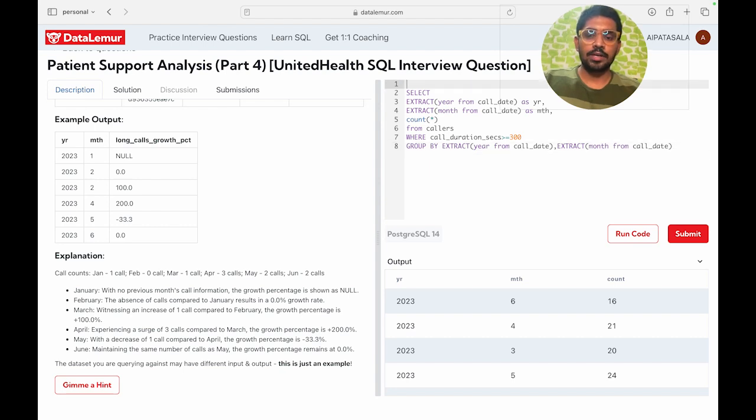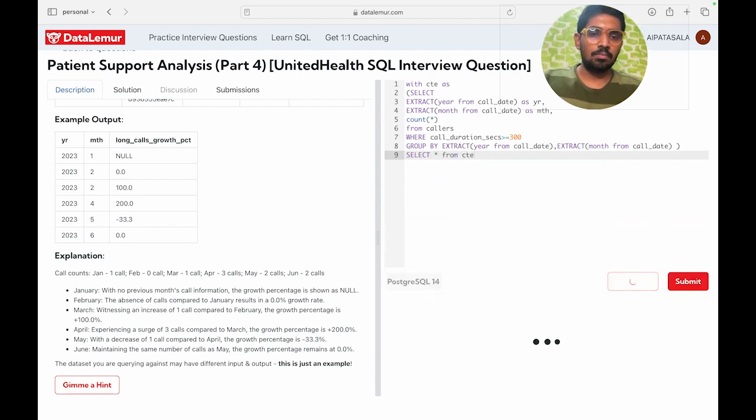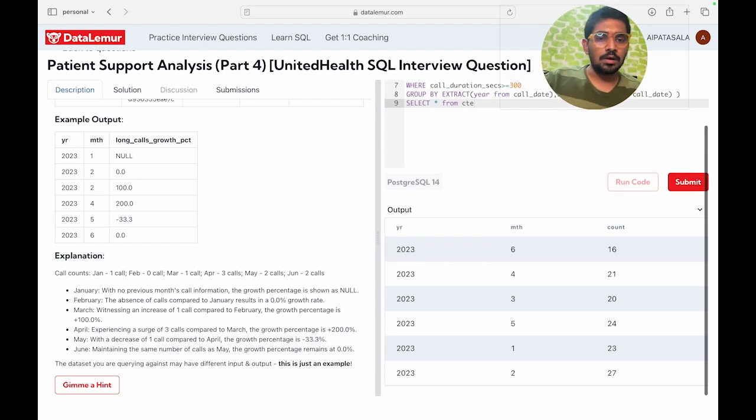So let us create this as a view so that we can use this query as another table, right? Select star from city. Let us see the data again. Yeah, what we need is a count of this thing, right?